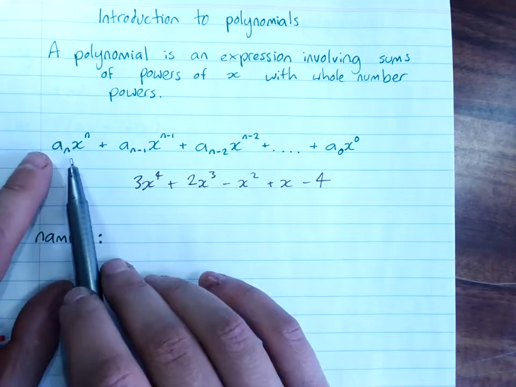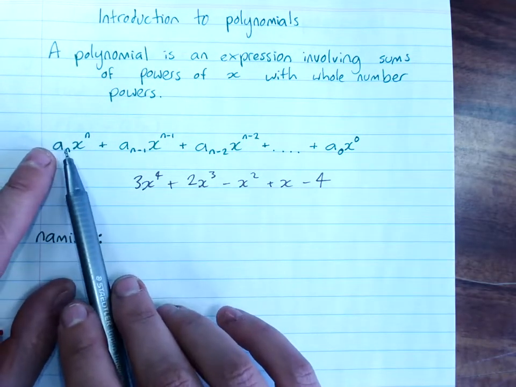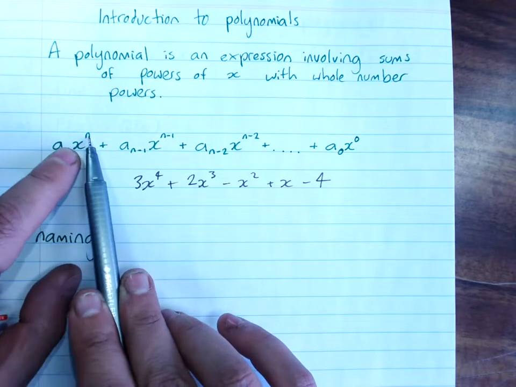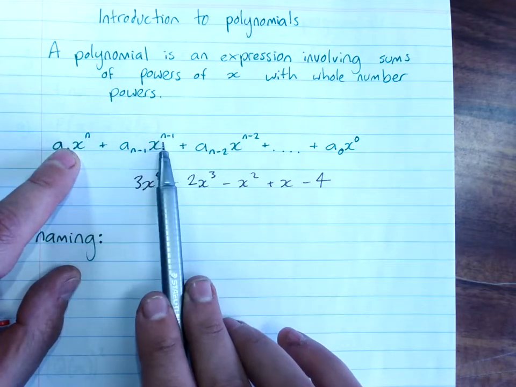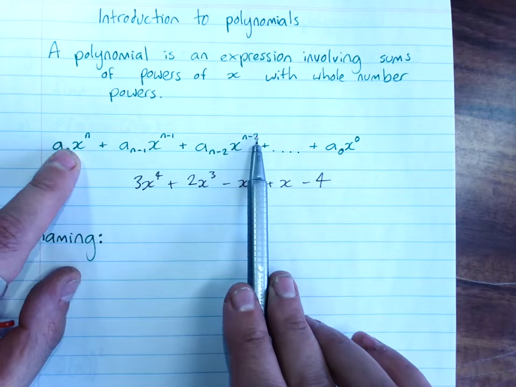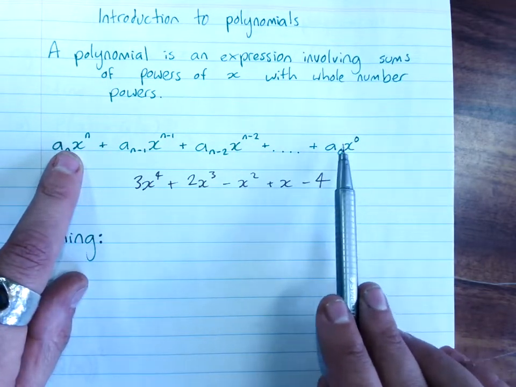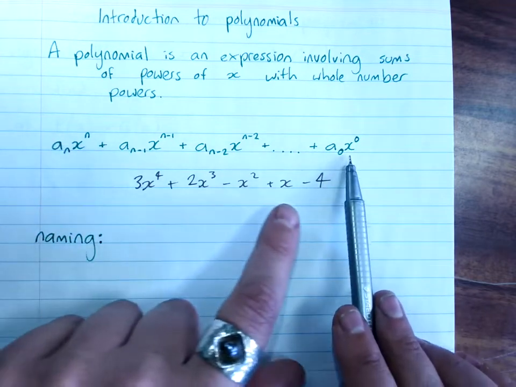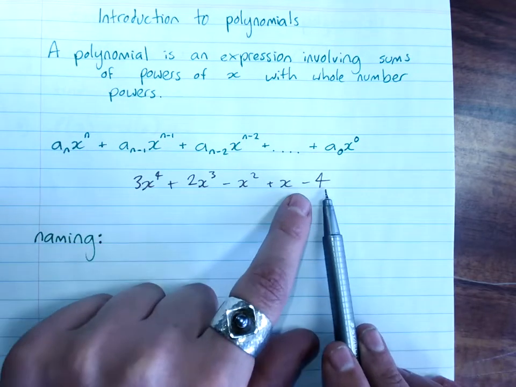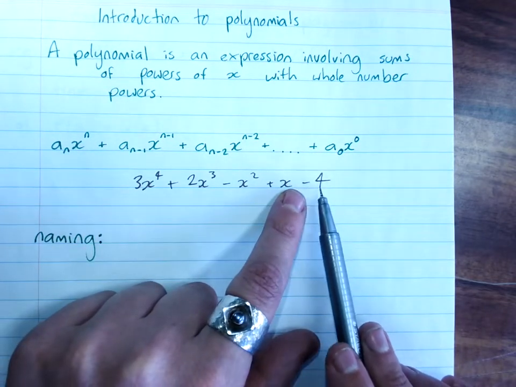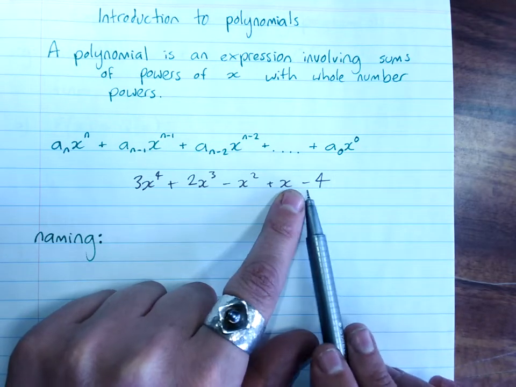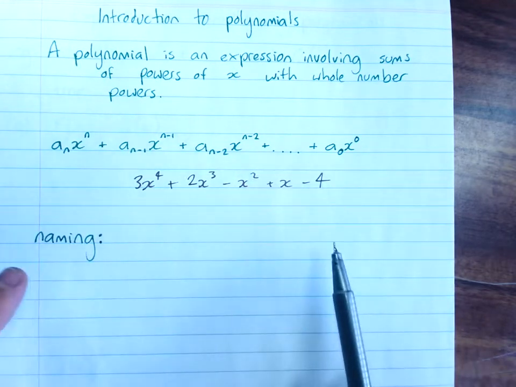What this is saying is I'm going to start from my highest power of x. This is one power further down, this is one power further down, all the way down to x to the power of 0, which is of course just 1. So this is technically negative 4 times x to the power 0. So it's negative 4. This is our constant.